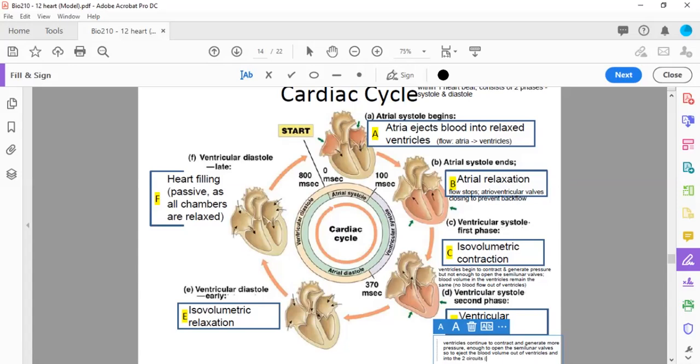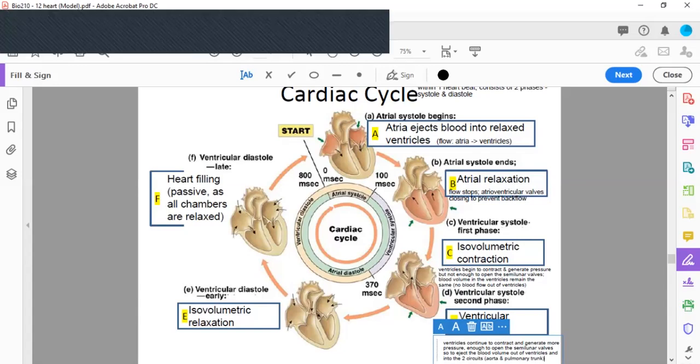When I say two circuits, that means the aorta and the pulmonary trunk. You can see in this image that the ventricles contract to open the two semilunar valves to eject the blood into the aorta and the pulmonary trunk.